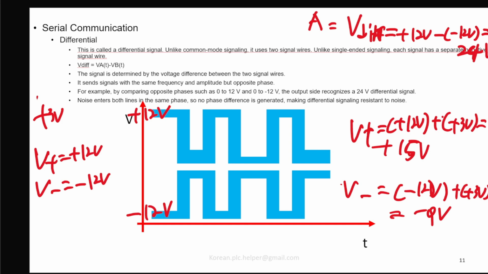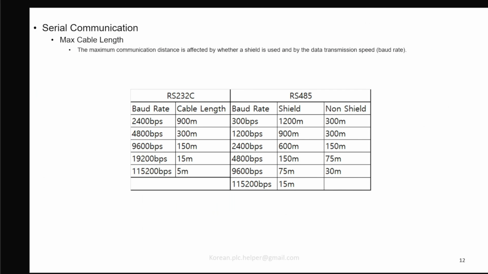Next, let's discuss communication distance. The maximum communication distance of RS485 is not one fixed value. It varies depending on the communication speed, cable type, cable characteristics, and wiring environment.